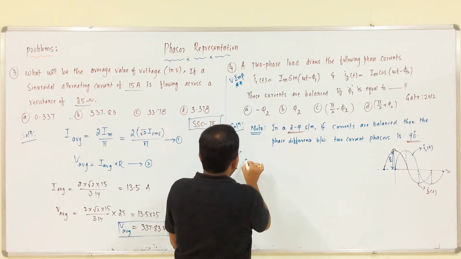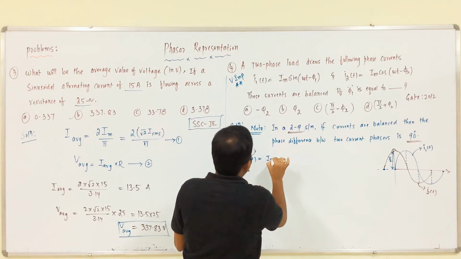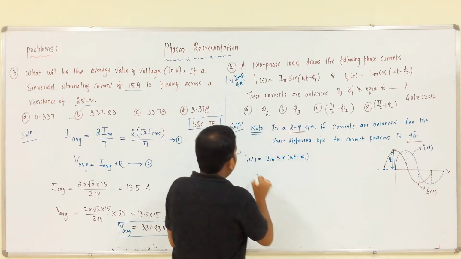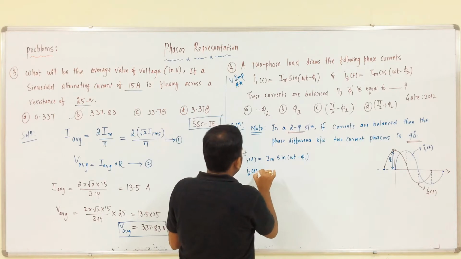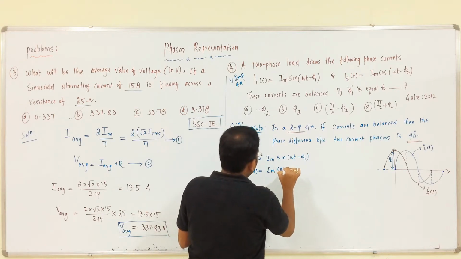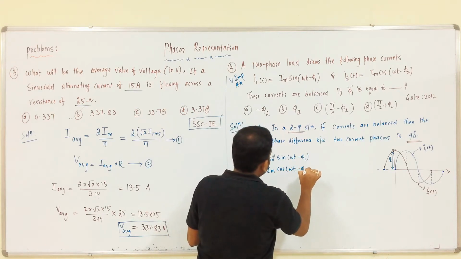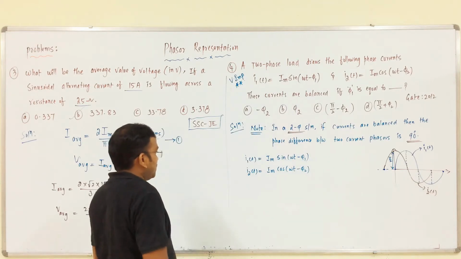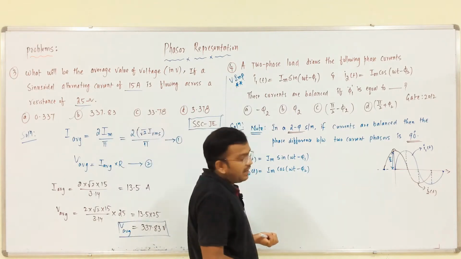Here given, I1 of t is I m sin omega t minus phi 1, and I2 is I m cos omega t minus phi 2. So, which one is leading, which one is lagging? At this point we do not actually know.